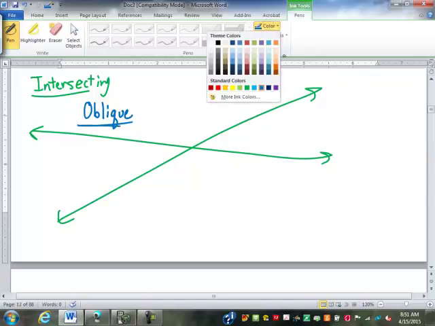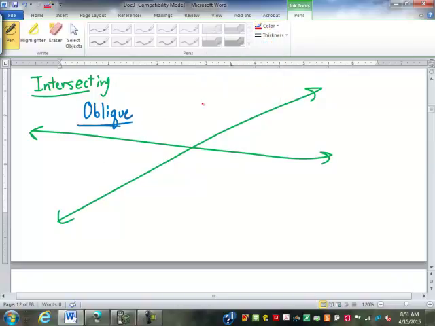But we've already discussed some of the things with those oblique intersecting lines. Let's say we have 138 degrees here. What's this angle over here?